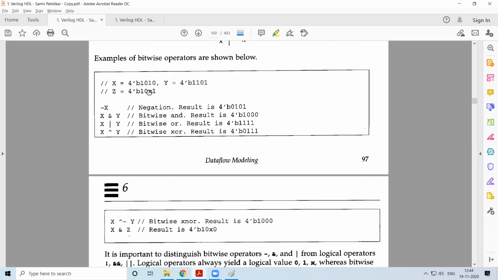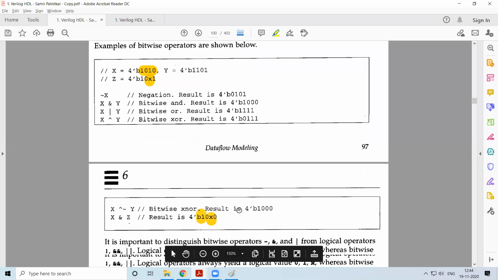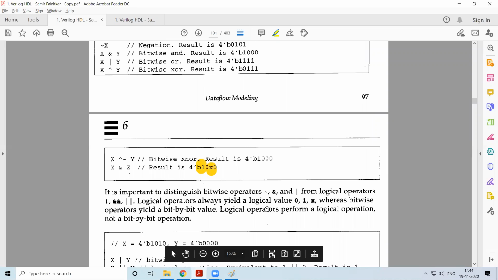In Z, we can see that the third bit is X, whereas in the other one I don't have any X. So we'll do bit by bit operation again. 1 ANDed with 1 is 1, the first bit. 0 ANDed with 0 is 0. But 1 AND X will evaluate to what? Based on the truth table we discussed, it will evaluate to X. And the last one, 0 ANDed with 1 is 0. So this is what is happening in this case.